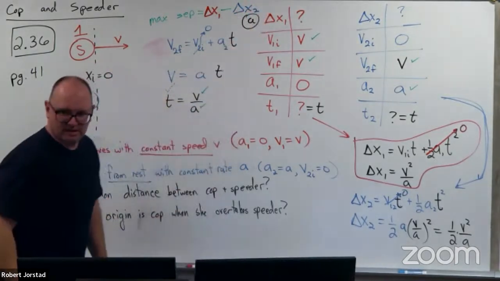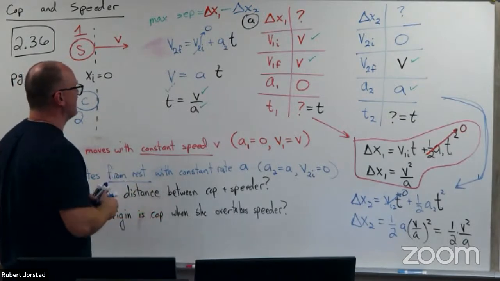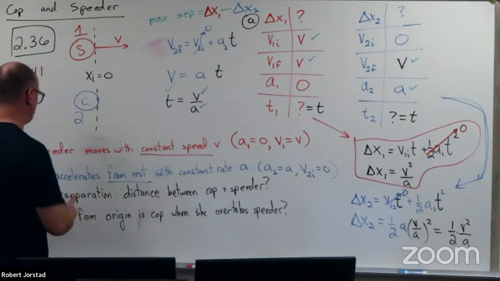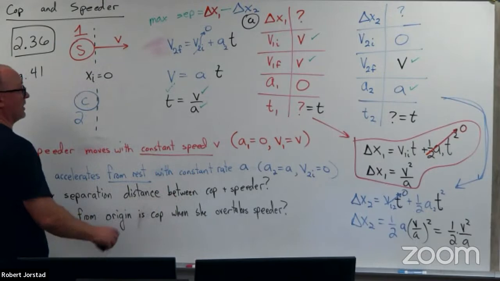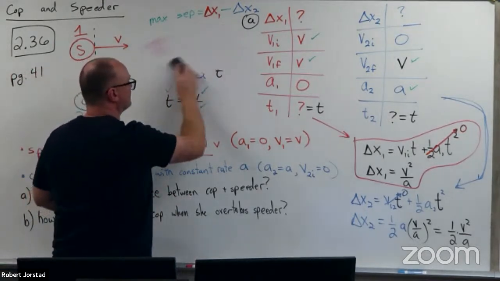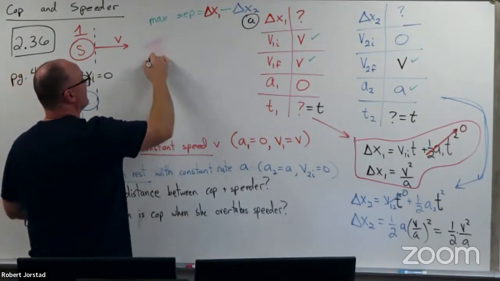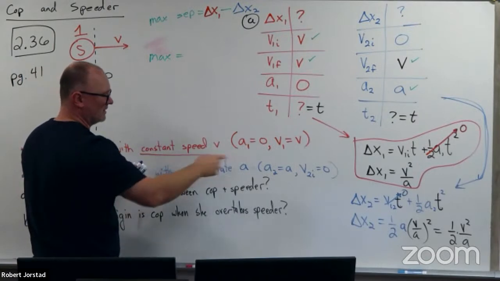Is that still on the screen? Just barely. Which in this particular case, maximum separation happens to be, I need some more room here. Try to squeeze this all in so I can use the other board for part B. In this case, out of all that information, the maximum separation is equal to, what did we say it was?